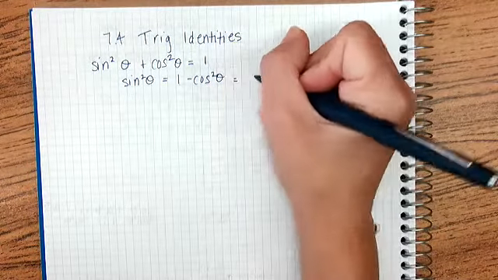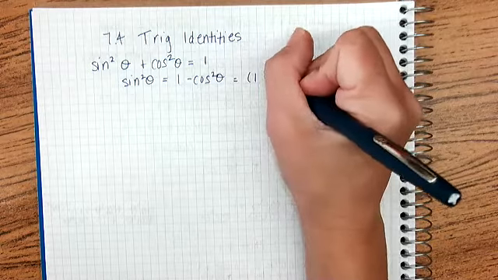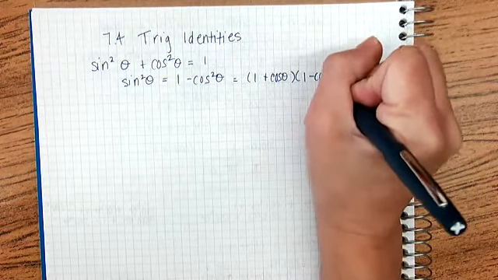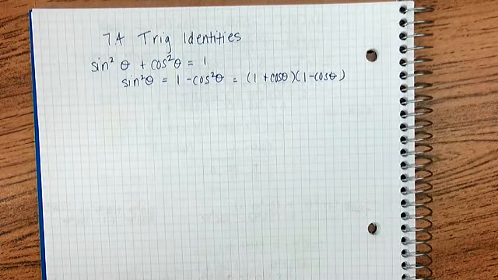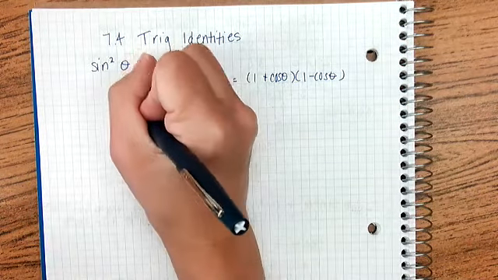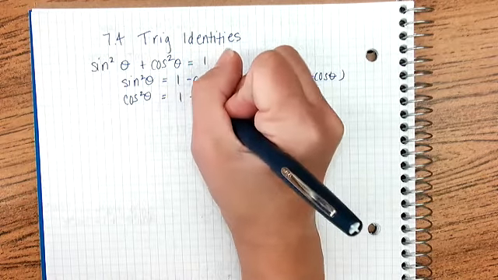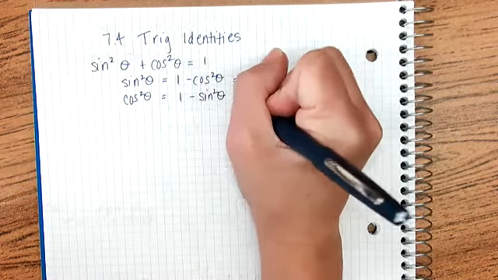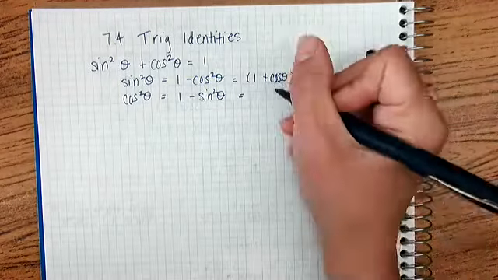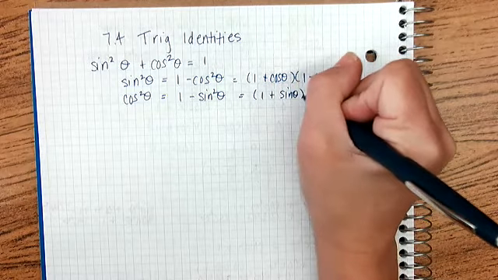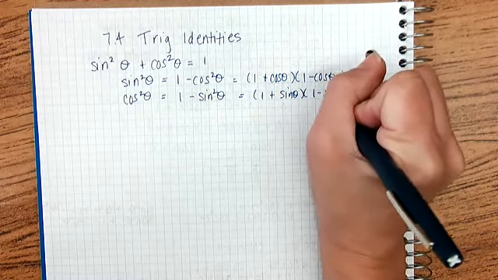So you can also say that this is 1 plus cosine theta times 1 minus cosine theta. Along those same lines, you can say that cosine squared theta is 1 minus sine squared theta, which is the same thing as 1 plus sine times 1 minus sine.